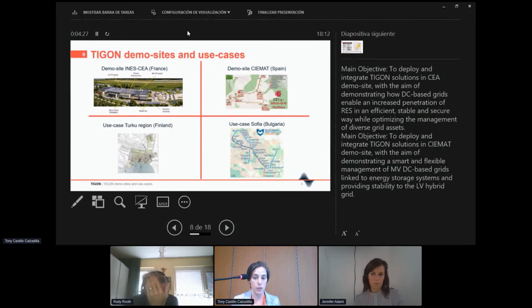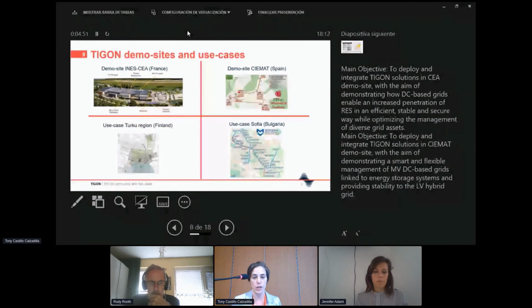The second demo site is in Spain, managed by CEMAT, and here the aim is to demonstrate a smart and flexible management of medium voltage DC grids, which are linked to energy storage systems and aim to provide stability to the low-level hybrid grid.